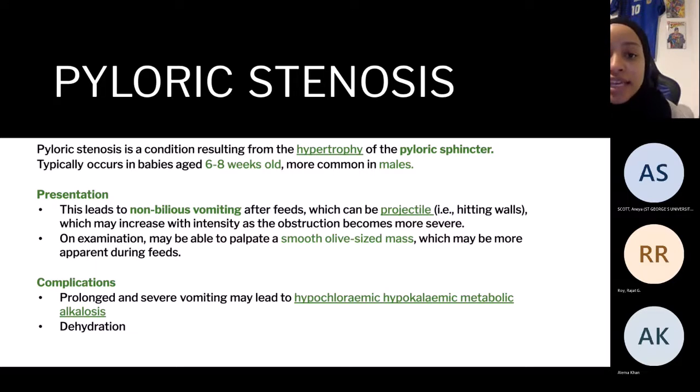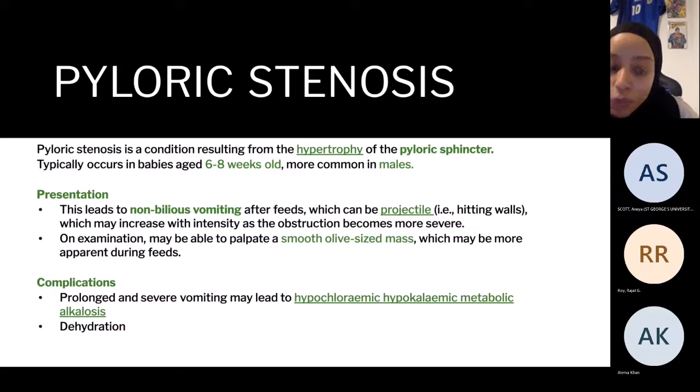As the pylorus gets more and more hypertrophied, it becomes bigger, then it's more of an obstruction, and it will cause the vomit to be more severe. Especially after feeding, you can sometimes palpate an olive-sized mass in their abdomen, and it will usually be in the left epigastric region.